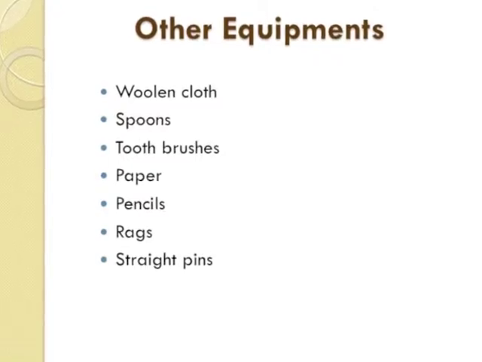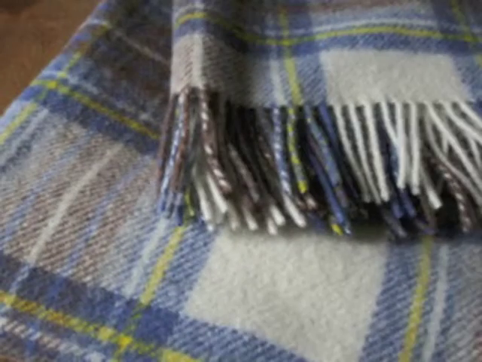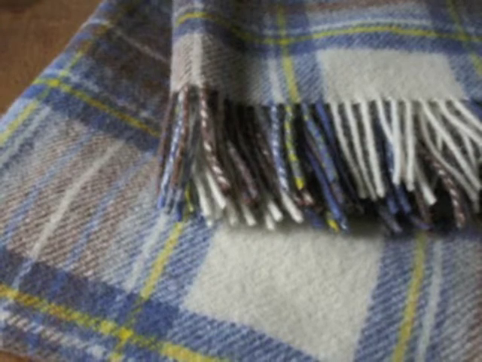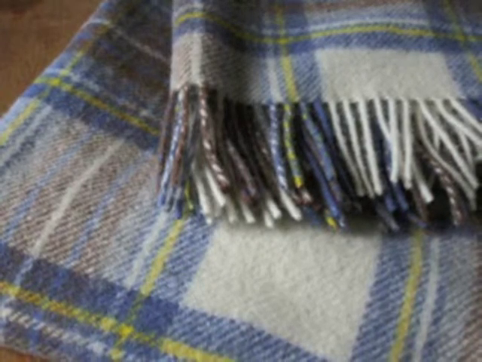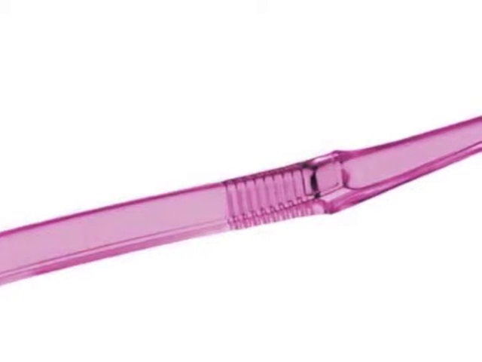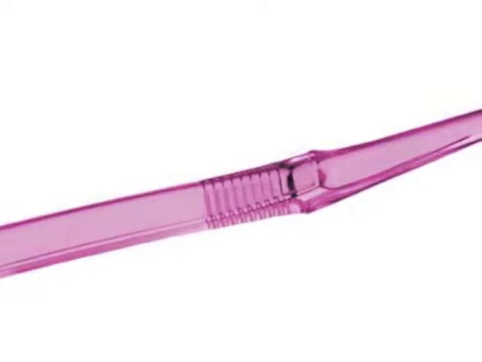Other equipment used for block printing can be the woolen cloth that is suitable for making the pads, the spoons which are used to pour the colors from the bottles, and a toothbrush for cleaning the blocks after printing.